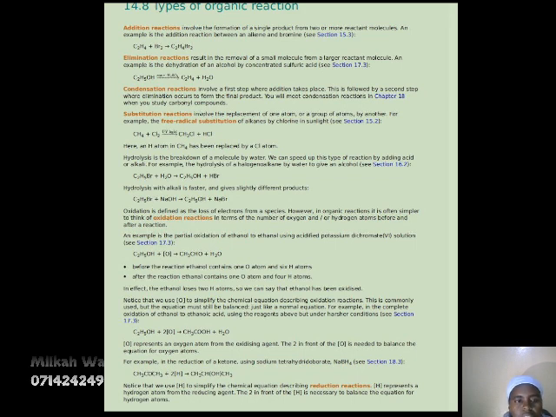Condensation reactions involve first an addition step, then an elimination reaction. So in those condensation reactions, you first add, then you eliminate. Then substitution reactions involve replacement of one atom or a group of atoms by another. For example, in the free radical substitution reaction, where you add a chlorine or a bromine to an alkane.